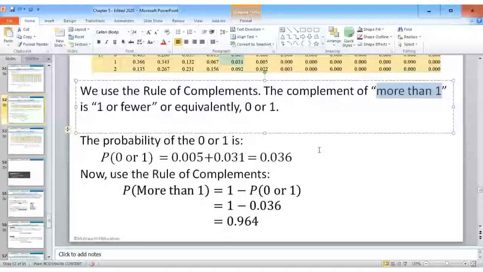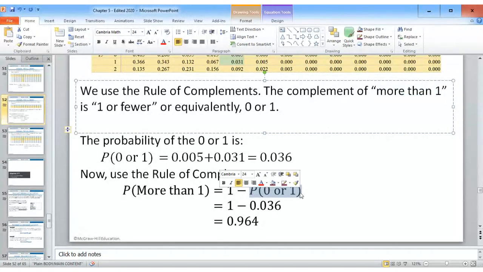It's 1 minus these two, because the calculator's CDF is always going to do how many you give it, that number and everything to the left. So you have to do it as a complement, or you would have to do 13 of them individually and add them up. So they did it the most expedient way.